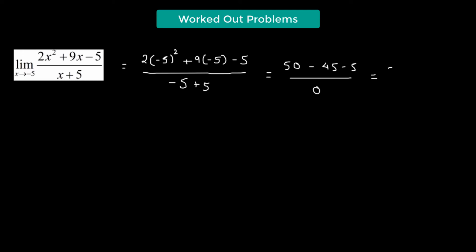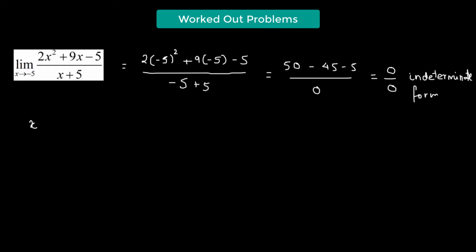So in the numerator we have 0 and in the denominator we also have 0. So this is a case of indeterminate form. So this particular rational function is giving us an indeterminate form when x approaches negative 5.